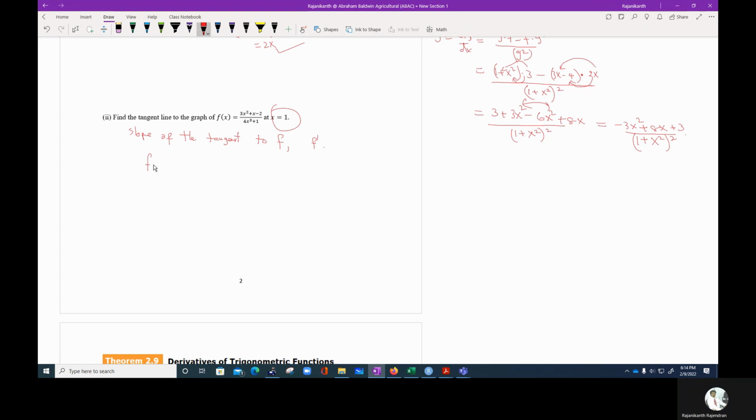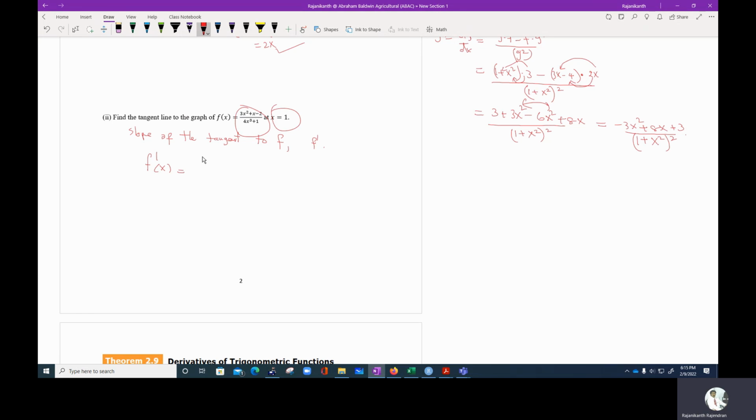So let us find the derivative of the f function. Remember, the f function is now this, that is a rational function. So you could use the quotient rule to find the derivative here. The bottom function is 4x cubed plus 1, and the top function is 3x squared plus x minus 2. So I'm applying that quotient rule here.